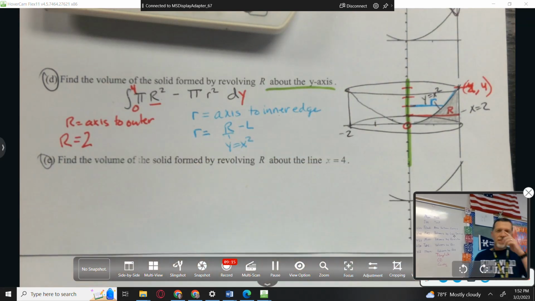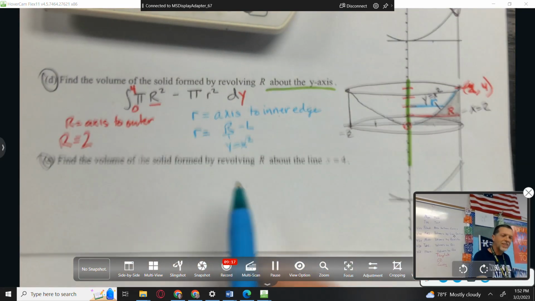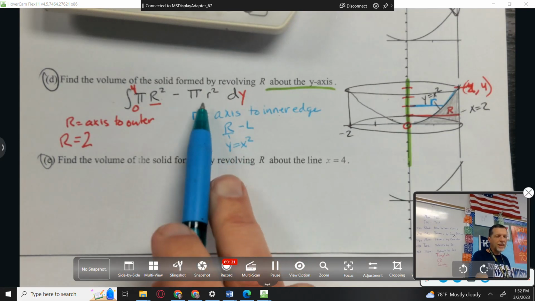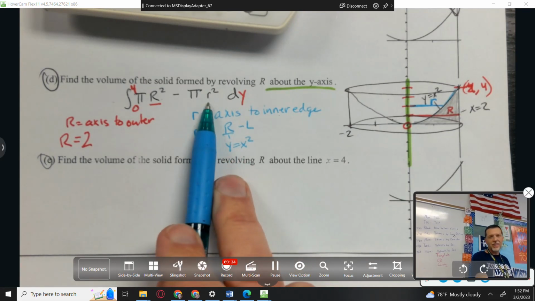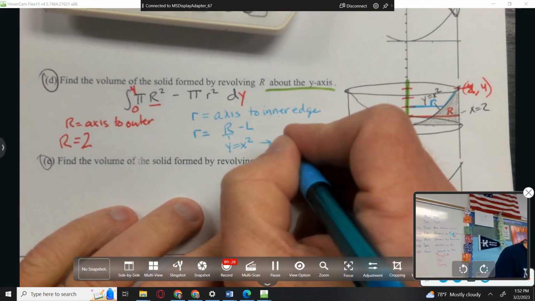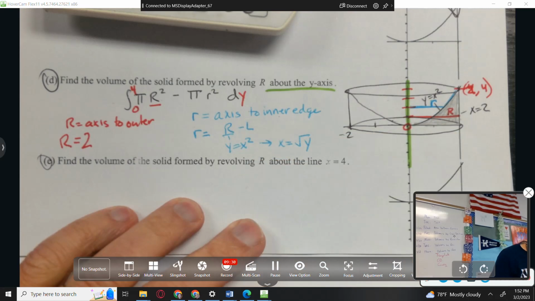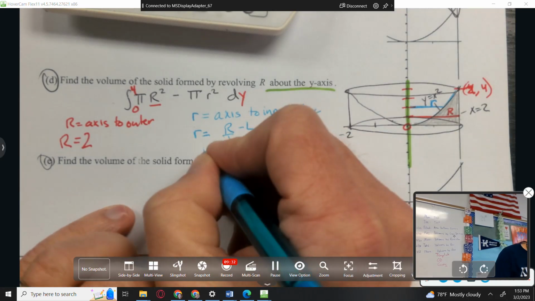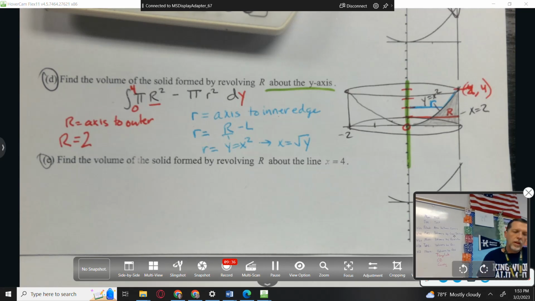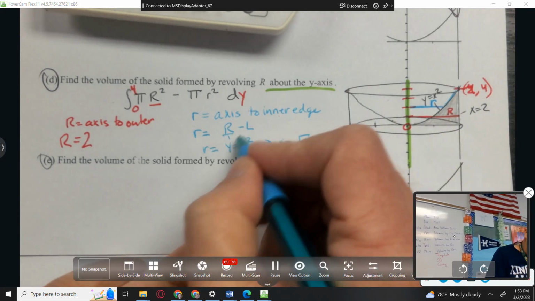Okay, so yes, y equals x squared, but I need something in terms of y there. X equals square root of y. So little r is an x value. Maybe we should have started with that.